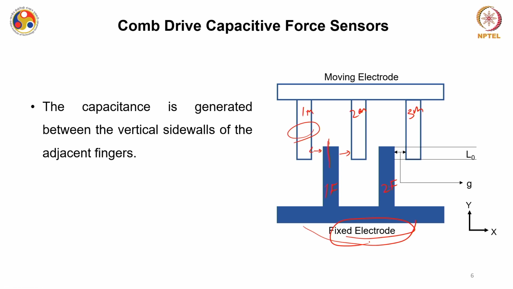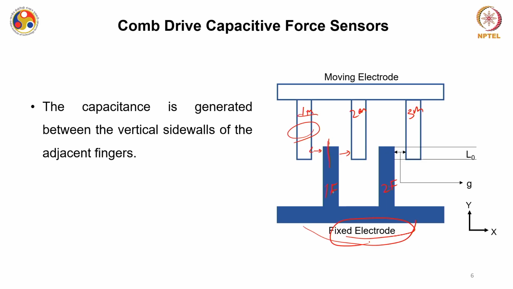Even if I am not considering any movement of these fingers, finger 1M and 1F constitute a capacitance. Finger 1F is also involved in making a capacitance with finger 2M, right? Similarly, finger 2M is also involved with finger 2F of this fixed electrode to make a capacitance.